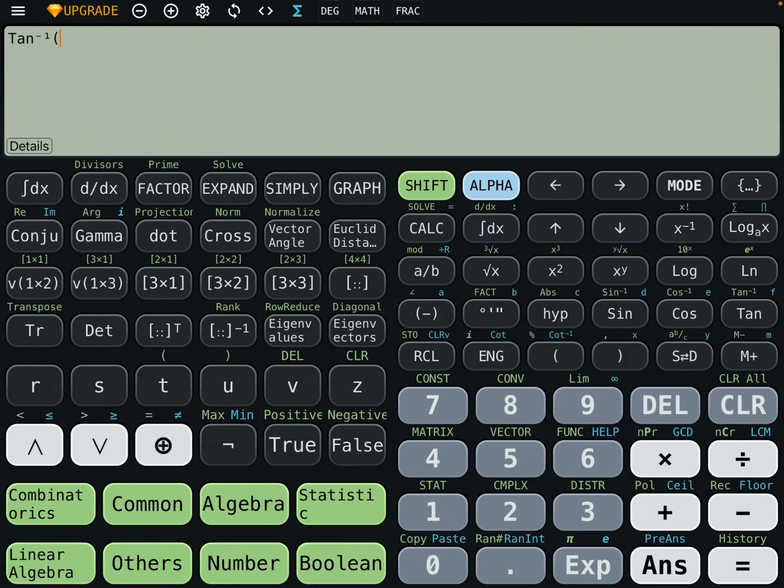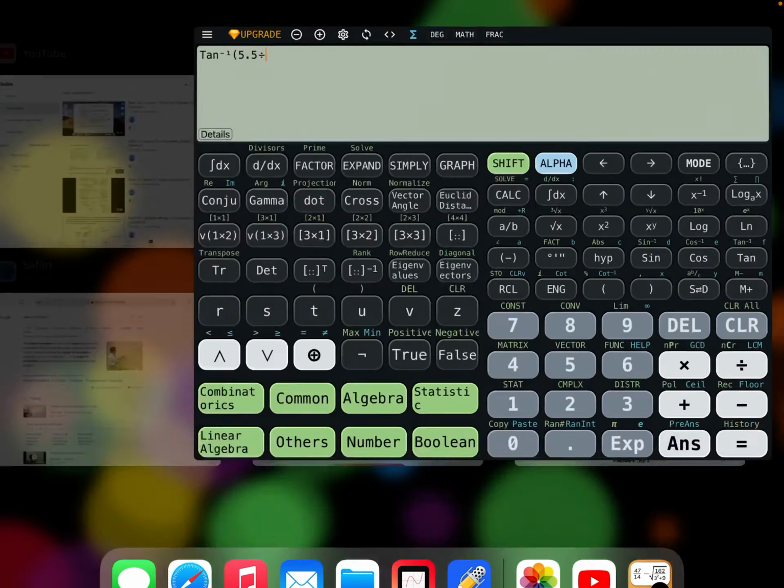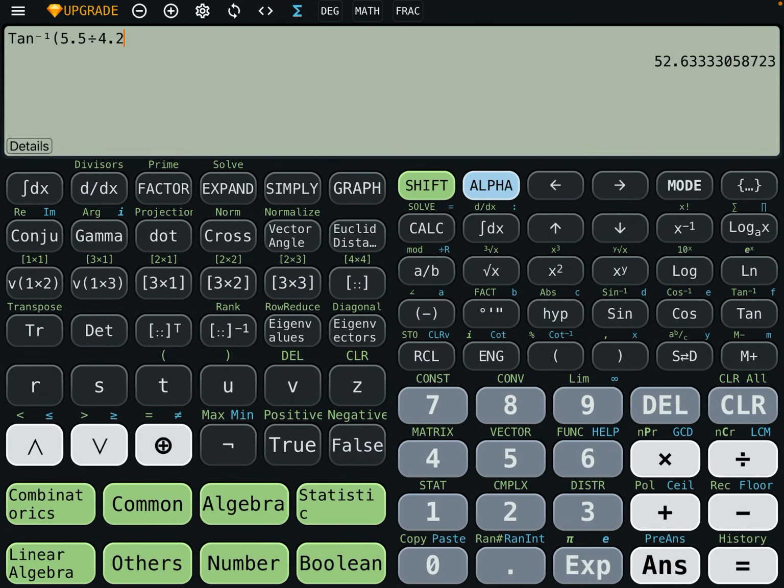So you're going to go shift or second tan, which gives you that tan with a little -1. And then 5.5 divided by 4.2. Close your bracket. So you want a calculator that can put brackets in correctly. This will make your life so much easier for this unit if you can do that.